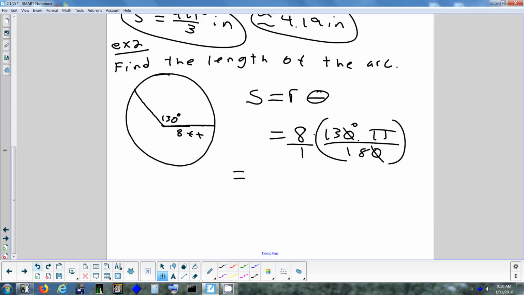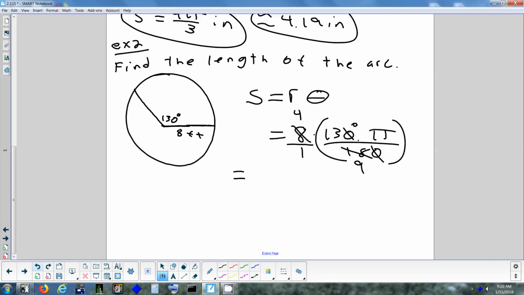Oh, that's right. Is it 4? 4 goes into 8, but 4 doesn't go into 18. So we can't reduce by 4. 2. So we can reduce 8 by 2. We can reduce 18 by 2.